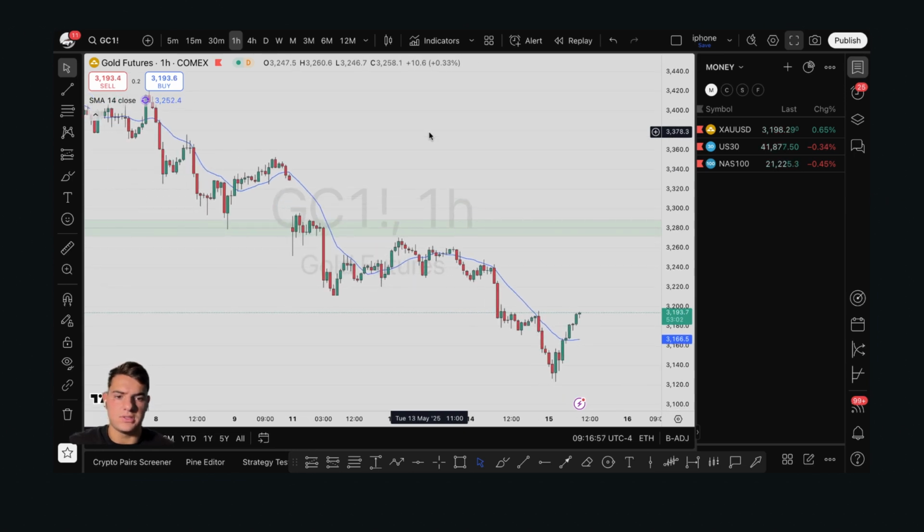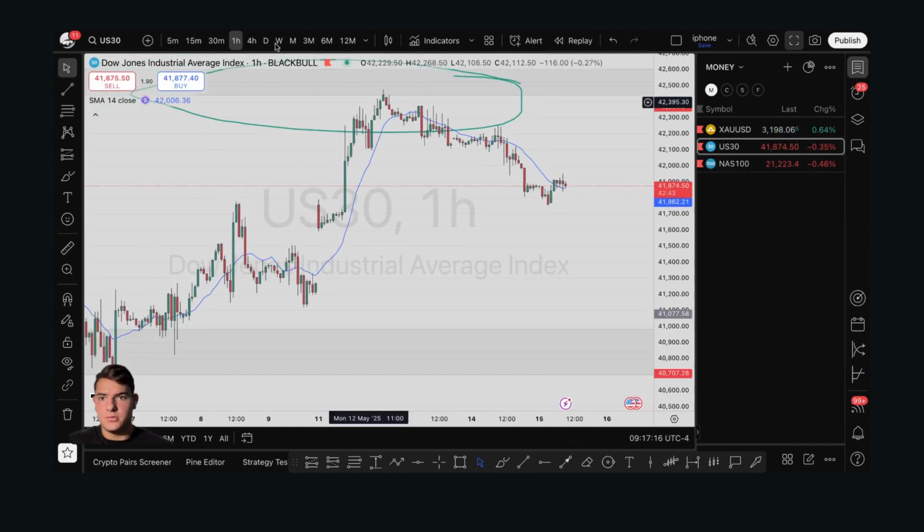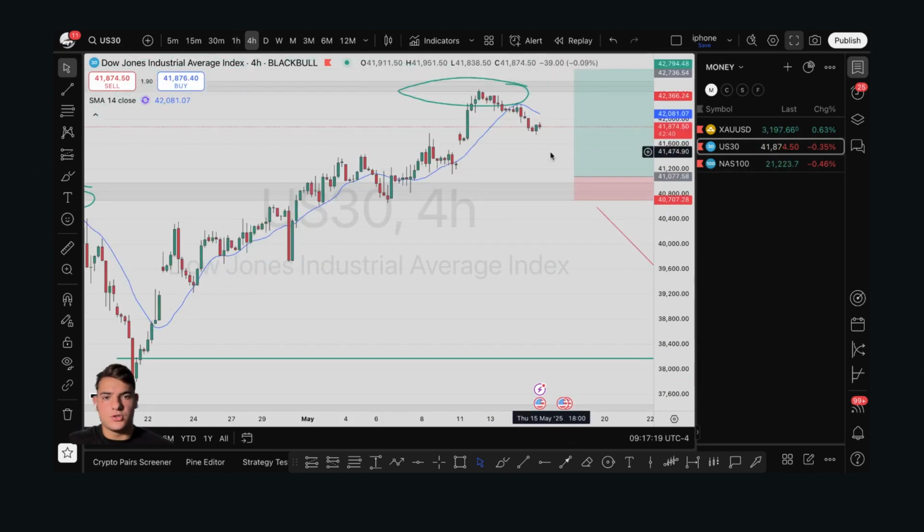Okay, so this is how my routine goes. Basically, how I analyze: I go from higher time frames to lower time frames, and I read it through. I see what I can trade, what I can wait on a little bit. Sometimes, like on US 30 for example, I'll rather go for a higher time frame.